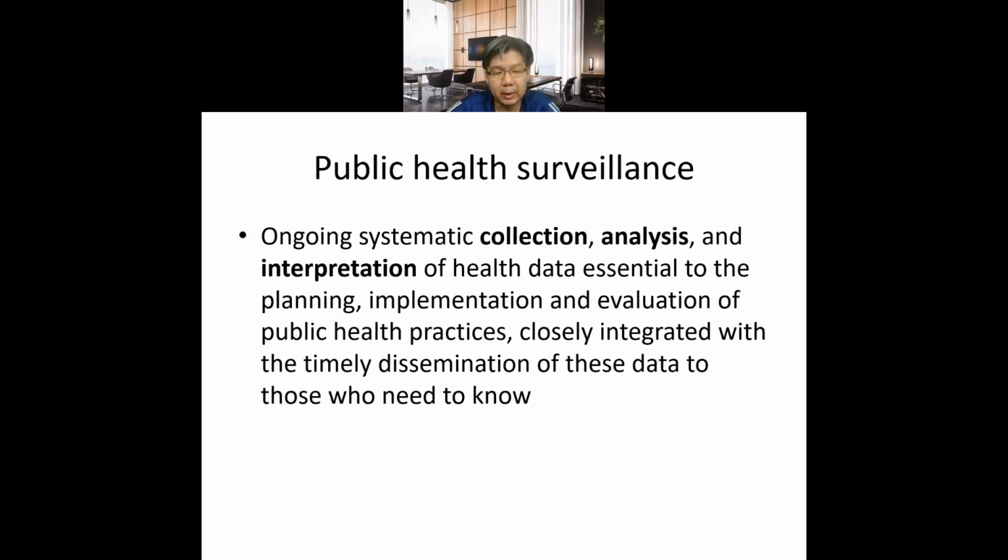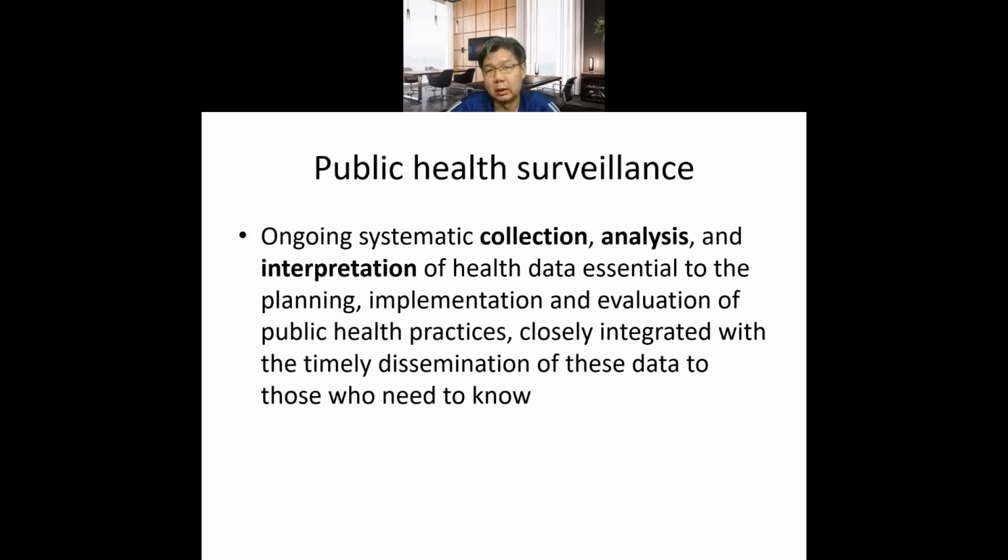They will also use the information to do certain healthcare planning, implement certain programs, and evaluate certain public health practice. And they will disseminate this information to the people who need to know, probably the stakeholders at the ground level, or the public, or the politicians. So this is the whole process of public health surveillance.